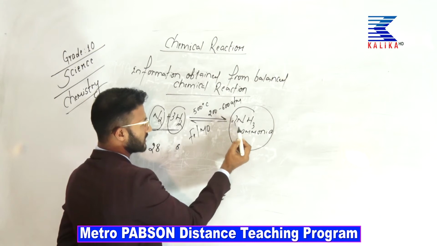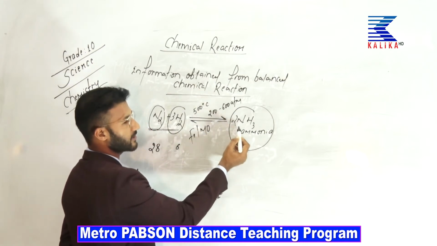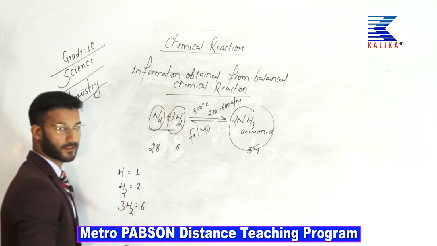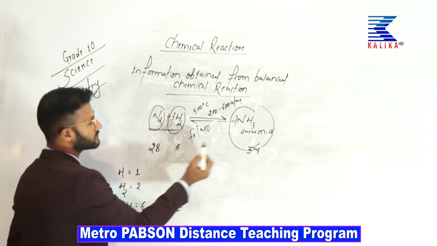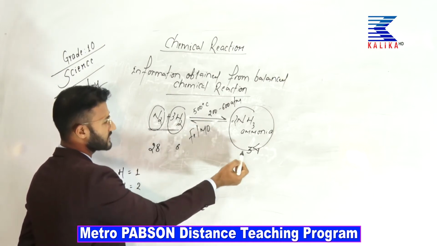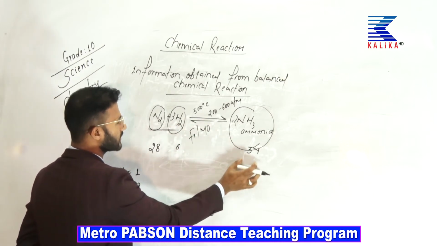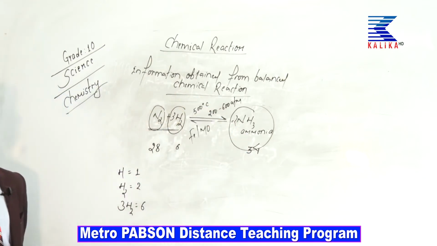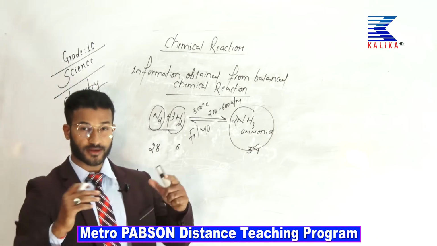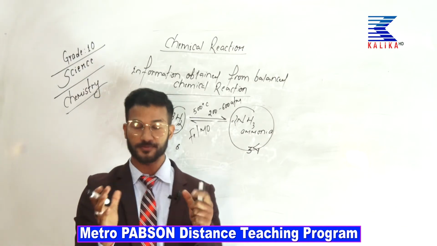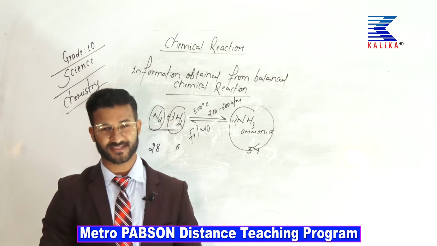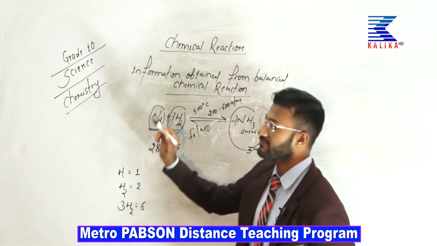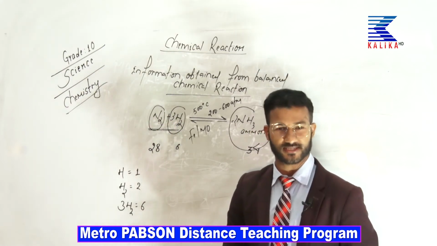Similarly, molecular weight of 2 molecules of ammonia gas which is formed here must be 34. In this way we come to find the ratio of molecular weight of reactants and product molecules. Similarly, we get one more information from balanced chemical reaction, and that is, see, we can find out the type of chemical reaction.